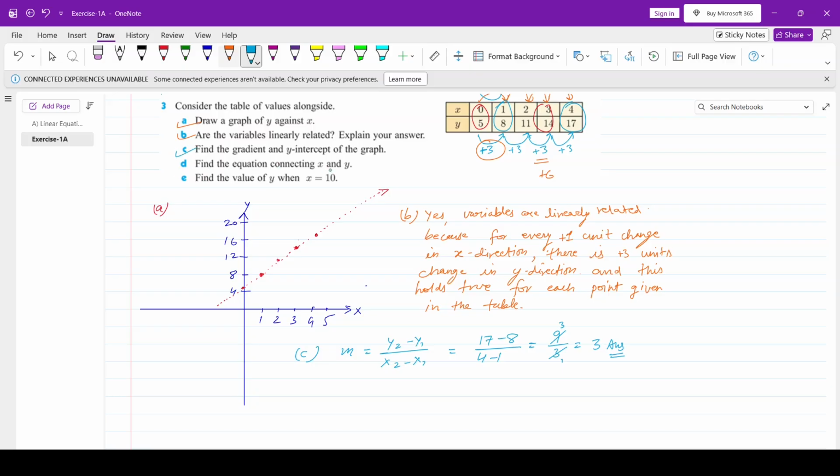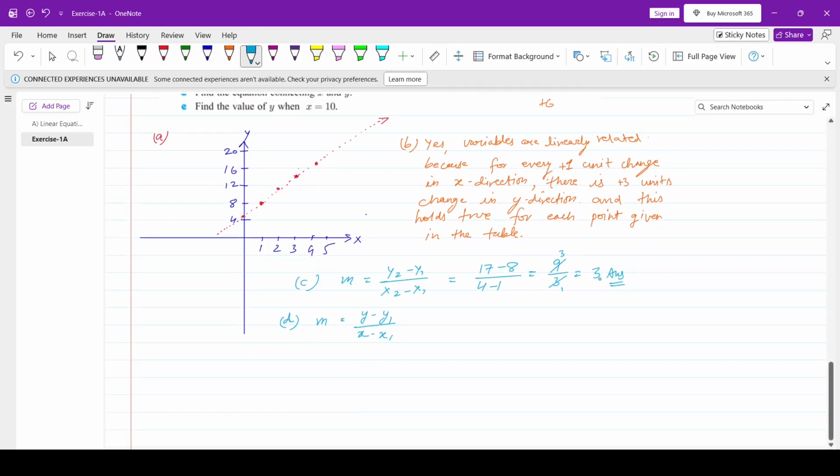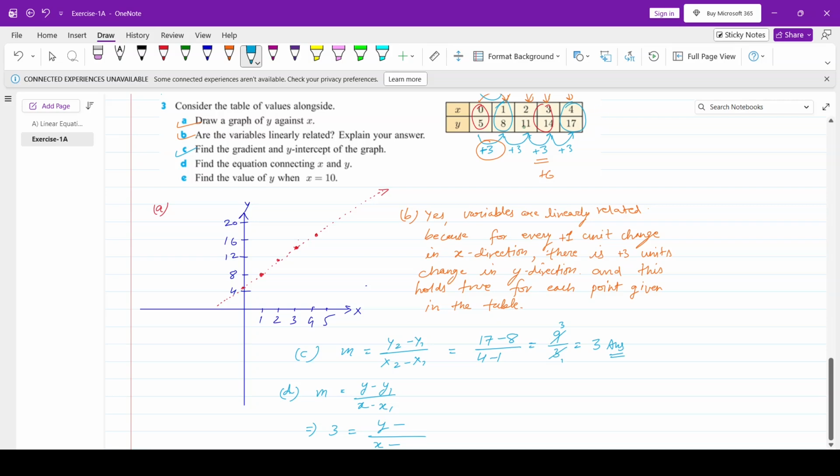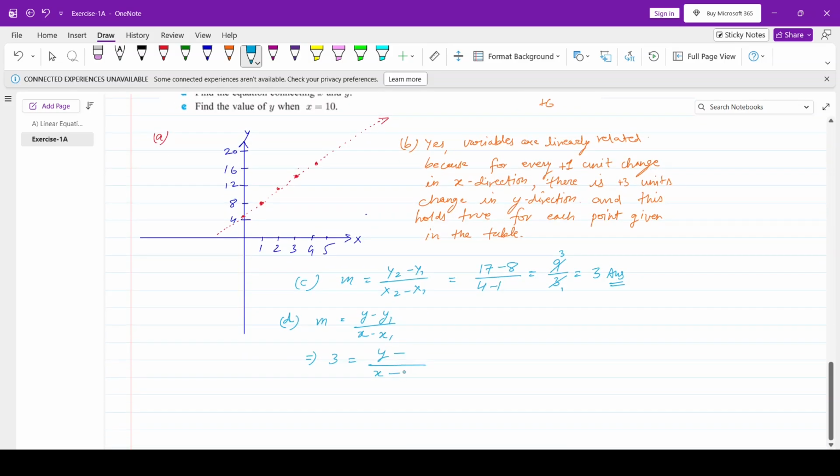Find the equation connecting x and y. Now again, we say m is equal to y minus y1 divided by x minus x1. We have found out that m is equal to 3. Now taking any point from the table, let's take 2 and 11. 2 is x, 11 is y.